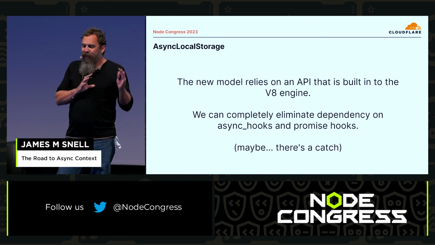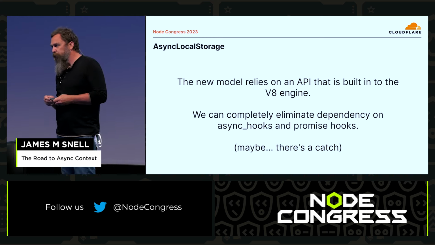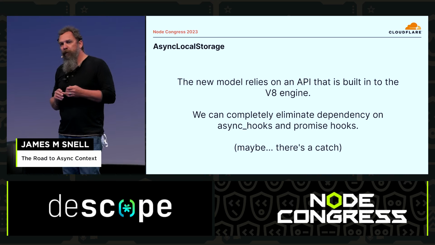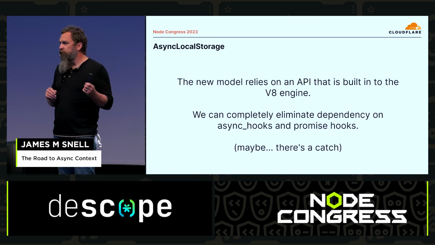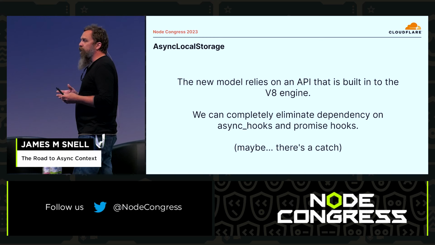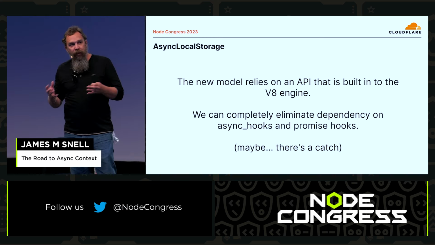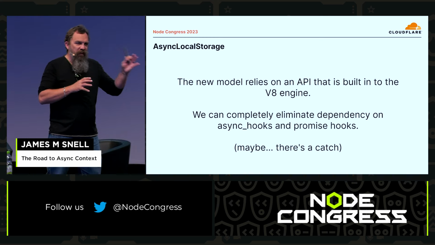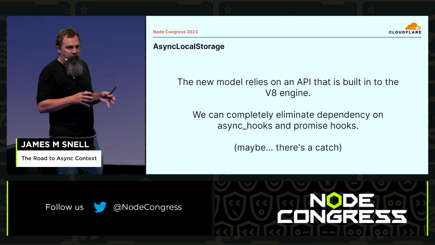It completely eliminates any dependency on async hooks and promise hooks for us to implement this entire model. The problem is that Chromium also uses this API, and the way that the API is currently designed, you can only use it for one purpose at a time. And if Node was just Node, it doesn't depend on Chromium at all, just by itself, that'd be fine.